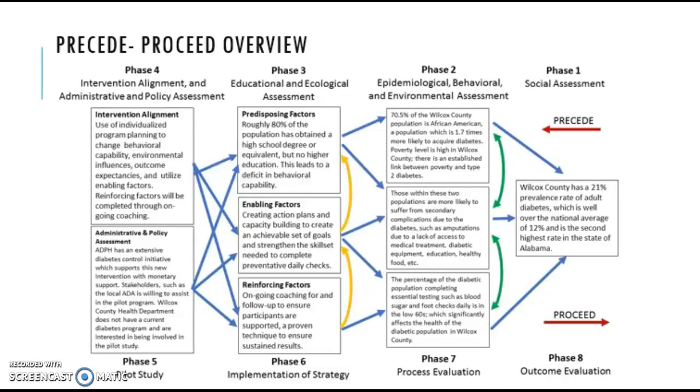So the idea is that you work through a problem that the community is facing, identifying that problem, understanding it on several different levels, from behavioral and environmental to educational, ecological, and administrative, and then creating an intervention based on that. And then working through phase 7 and 8 to evaluate it based on what you initially found was the problem in the community.